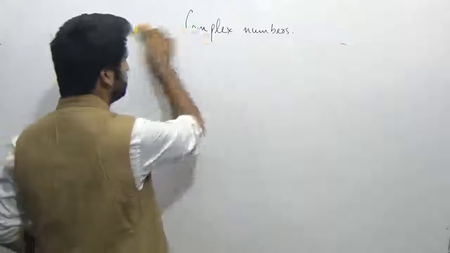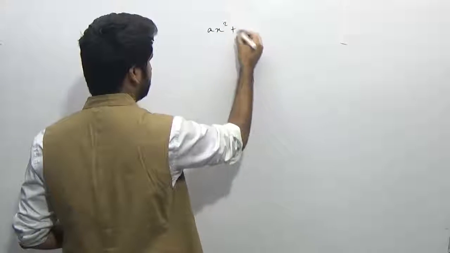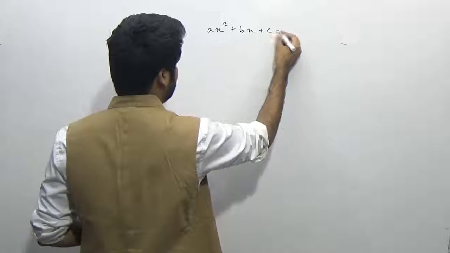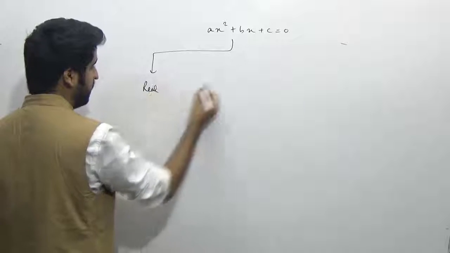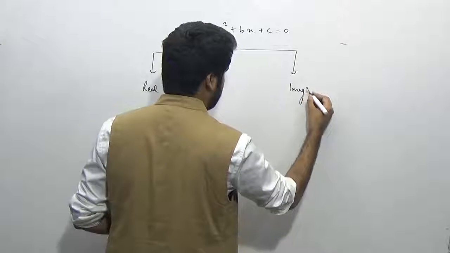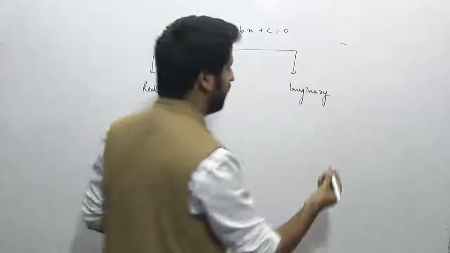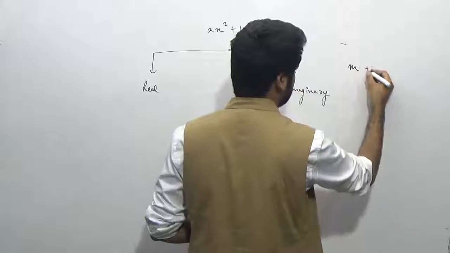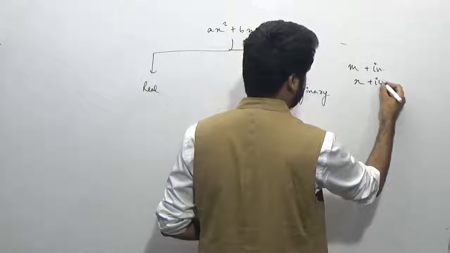that all the roots which are not real. If I have a quadratic equation ax squared plus bx plus c is equal to 0, I can have two possibilities. Either the roots can be real or the roots can be imaginary, right? Now roots will always be of the form m plus iota n or x plus iota y.